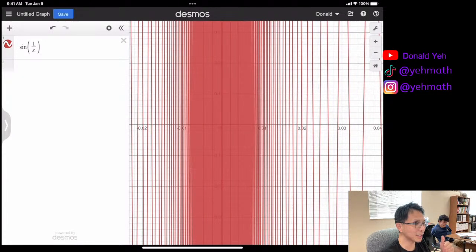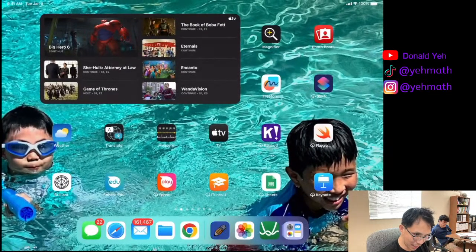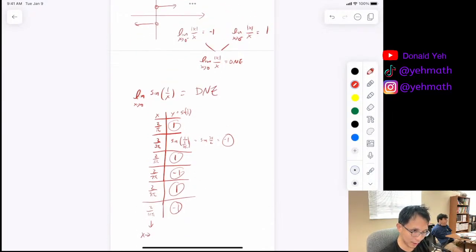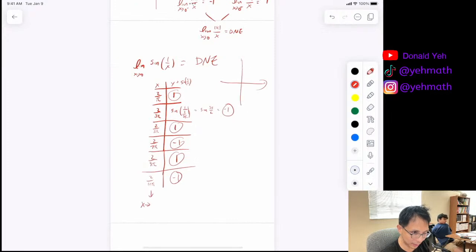It's oscillating so fast, and that's why the limit does not exist: when x approaches 0, we don't know if it is +1 or -1. So this does not exist, because the graph is something like this, and like this. I don't know what happens when it goes to 0. So that's the first part of understanding.